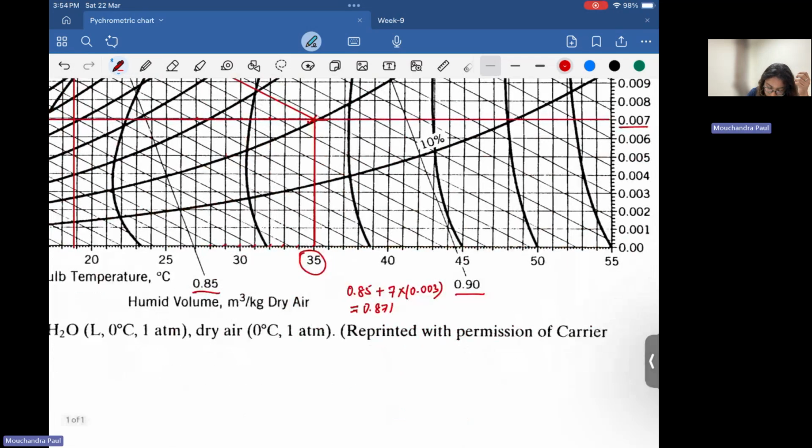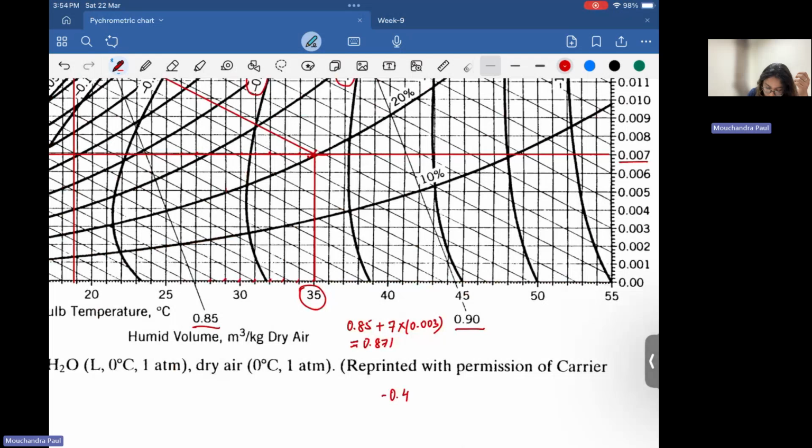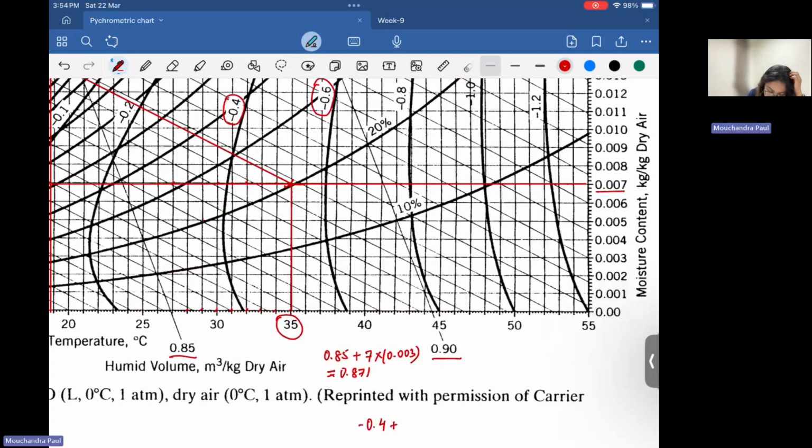So here, from the curve minus 0.4, it lies around 5 points away, and each marking is around 0.03. So you should get minus 0.55.